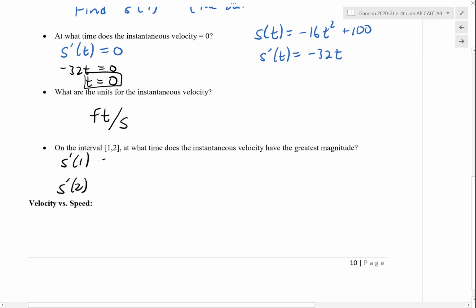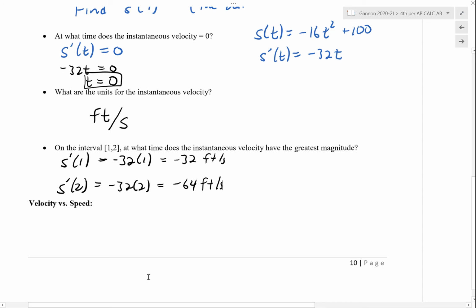We can do that fairly easily because we know that s prime of t is negative 32t. So this will be negative 32 times 1, and this will be negative 32 times 2. So we get negative 32 feet per second here, and negative 64 feet per second here.